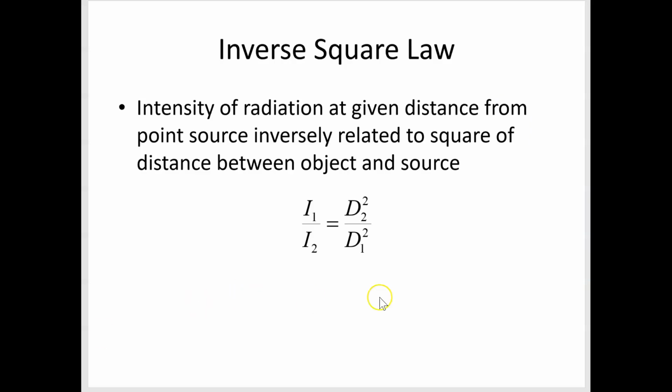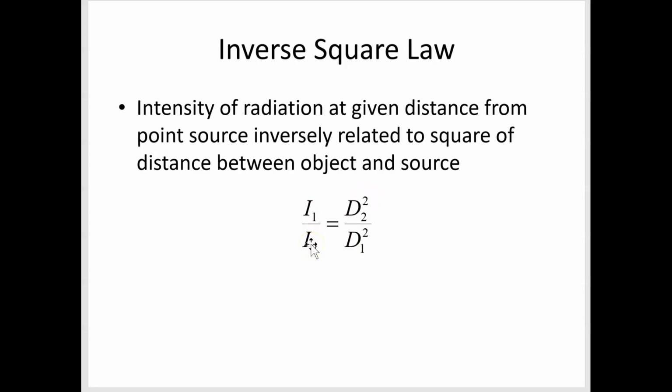The inverse square law looks like this: I1 over I2, and the I stands for intensity, equals D2 over D1. I want you to notice that the primary factors and then the secondary factors are inverse. So this is the inverse square law.